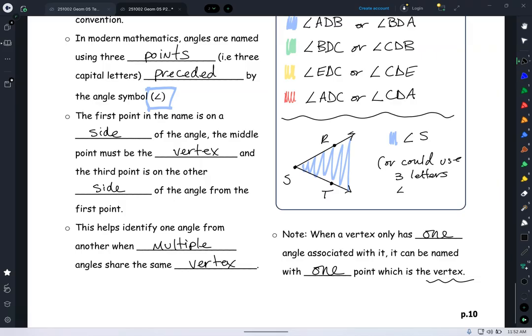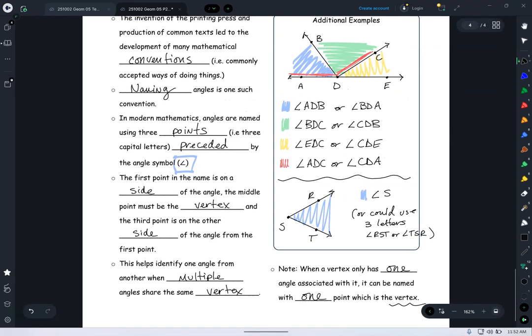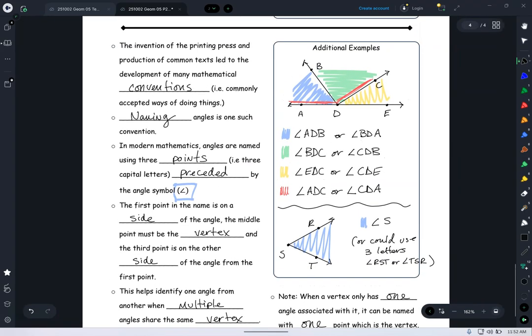So we could say angle RST or angle TSR. But the important thing for you to understand here is that a single angle on a vertex can be named 2 different ways, with just the vertex or with the 3-letter naming. But in a situation like this, you must use 3-letter naming.